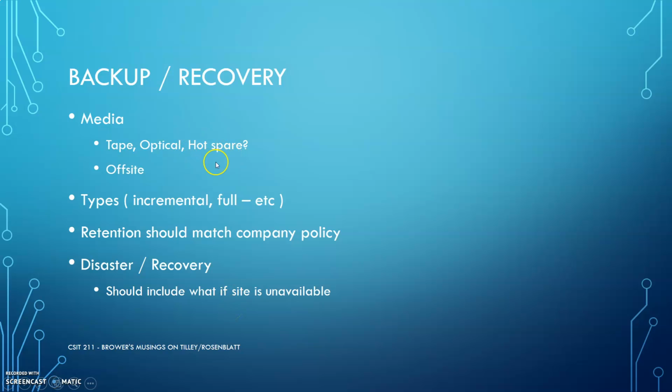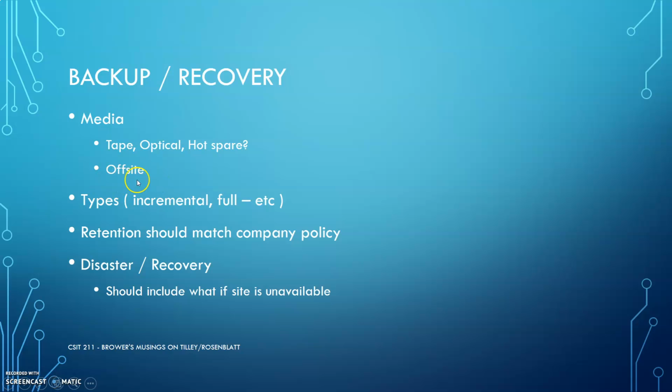In the case of someone who has a hot spare, they can just turn on the other one. From a corporation point of view, they may tell the people, okay, everyone who's at site X, now go to site Y, and you'll find a desk there for you. But the other thing could be, well, if we do have a set of servers, but we need the data, then somewhere off the site is where there should be a copy of the data, so they can then load the system that's going to go live, or the hardware that's going to go live, with a copy of the data.